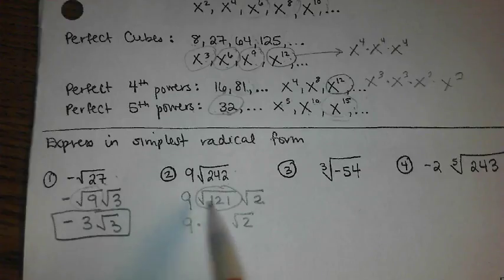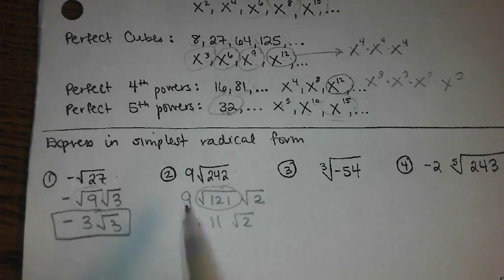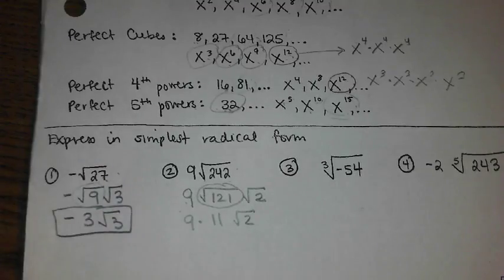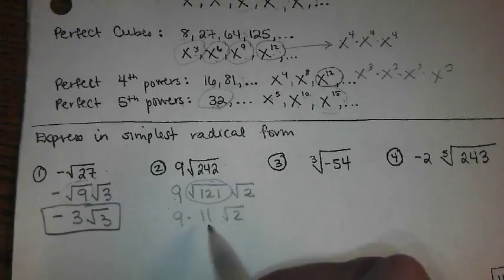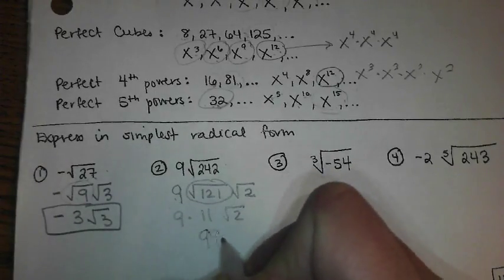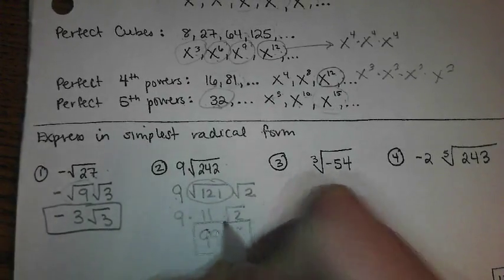So the 9 that was already out there, 9 times 11 is 99. So we get 99 root 2.